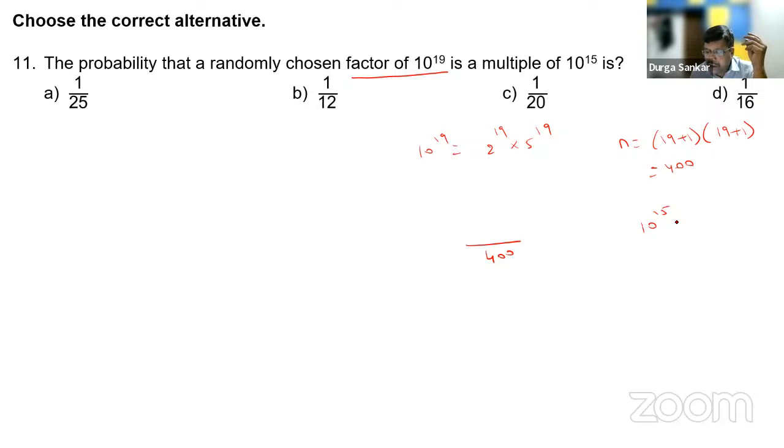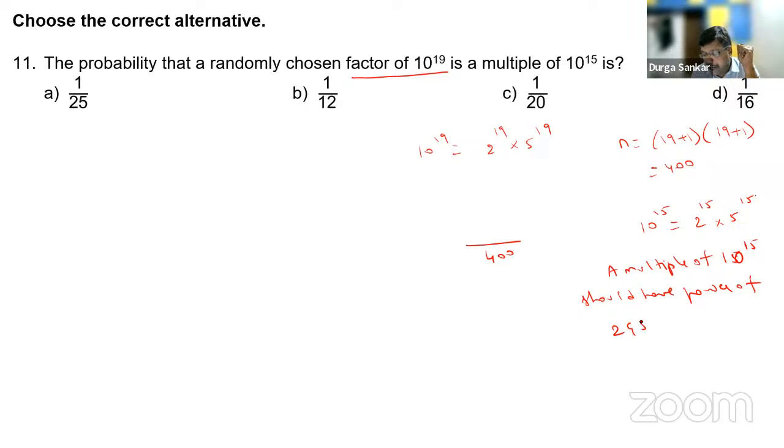Now, if I want a number to be a multiple of 10 power 15, then the power of 2 must be 15 or more. I repeat, a multiple of 10 power 15 should have the power of 2 and 5 equal to or more than 15.